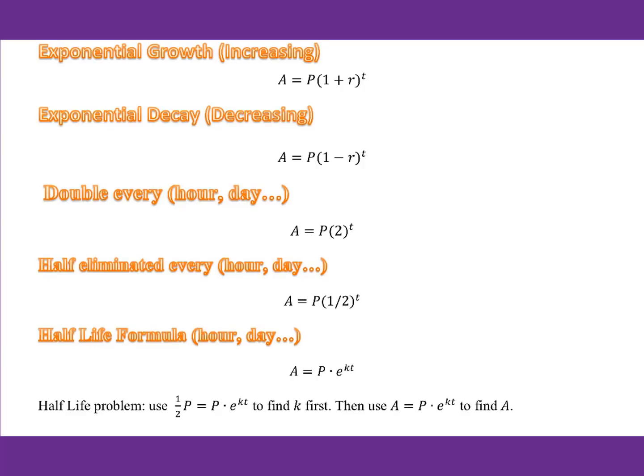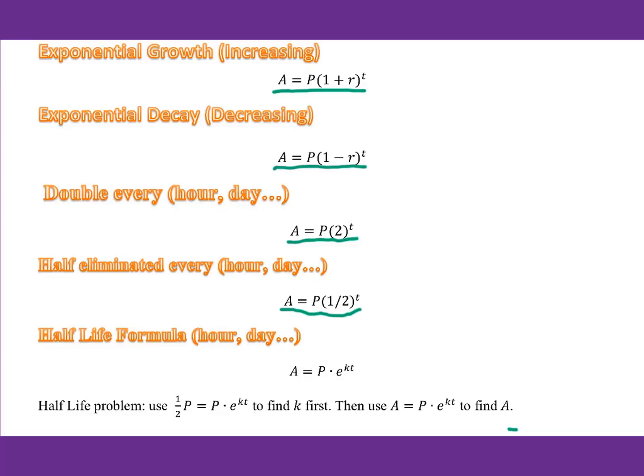For exponential growth, here's the formula. Exponential decay, this will be the formula. Doubling every hour or every day or every second, this will be the formula. When we have half every hour, day, second, minute, this will be the formula.